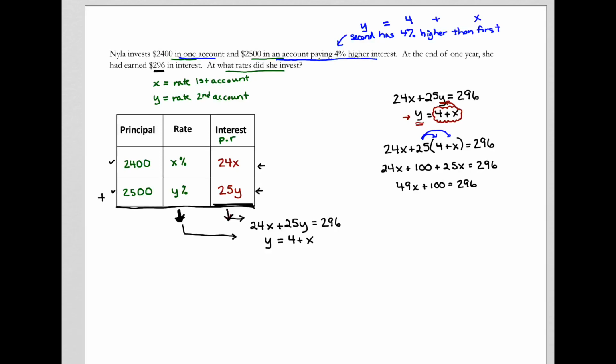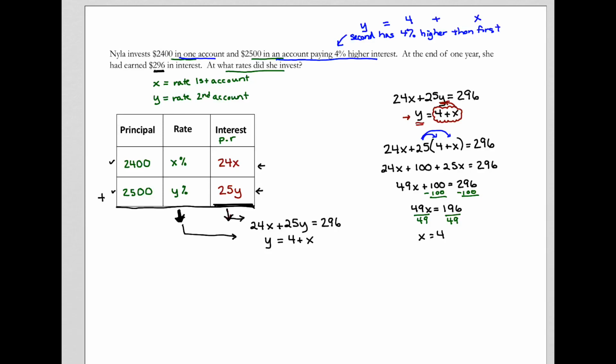I'm going to subtract 100 from both sides, and that gives me 49x equals 196. One more calculation, a quick division here. Divide both sides by 49. And that tells me that x is 4.